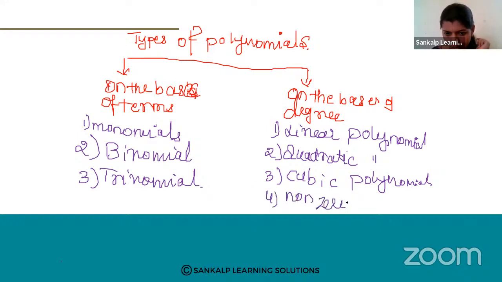Non-zero polynomial. Next one is zero polynomial. Now, the next very, very important concept, that is, what do you mean by degree? Degree means what?